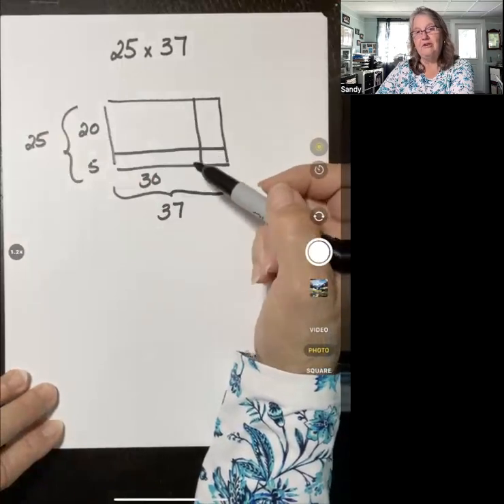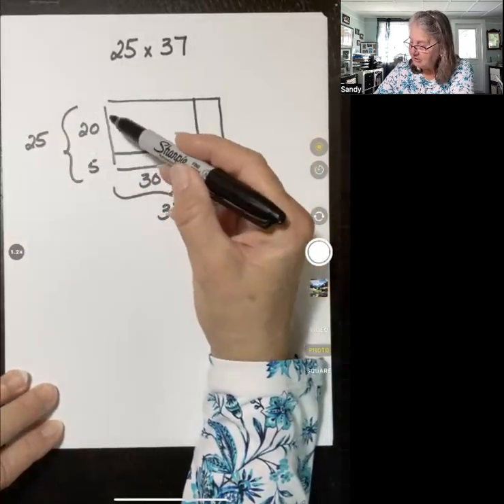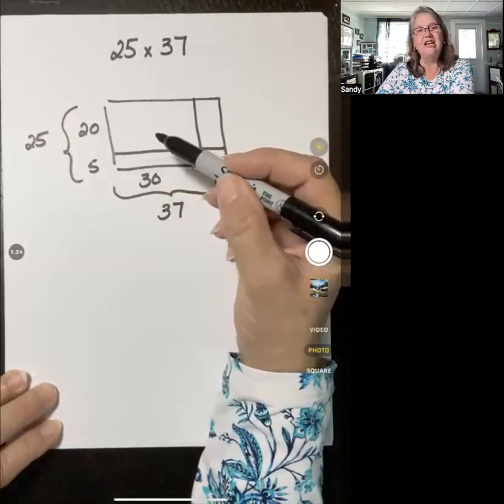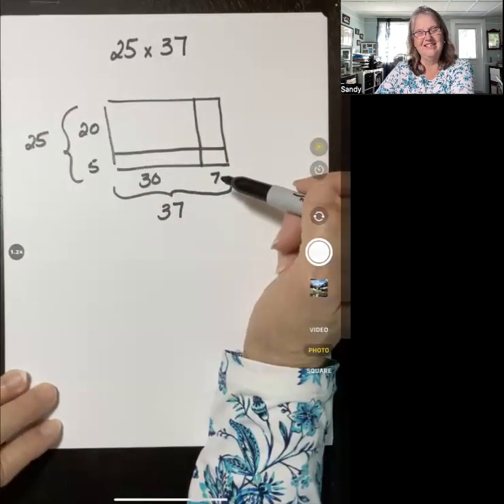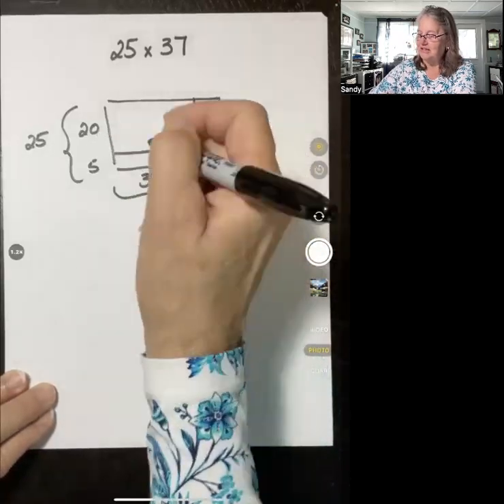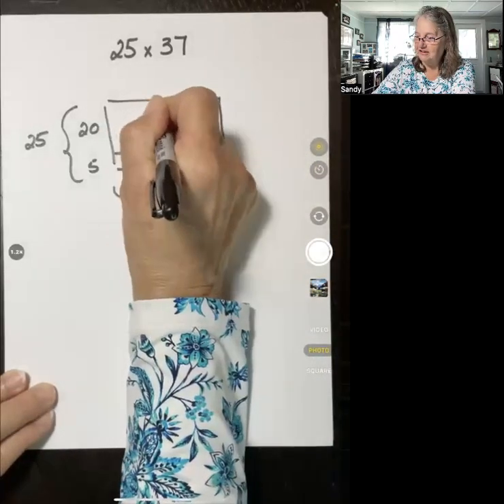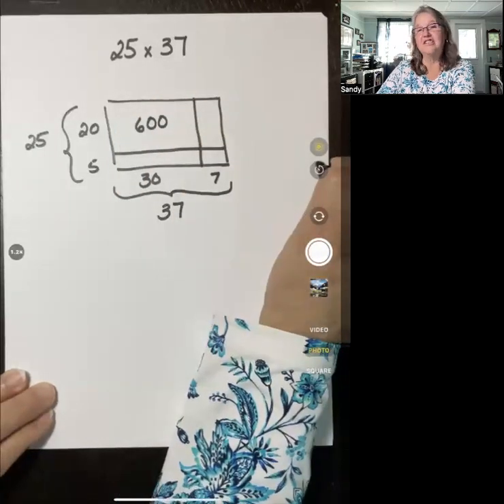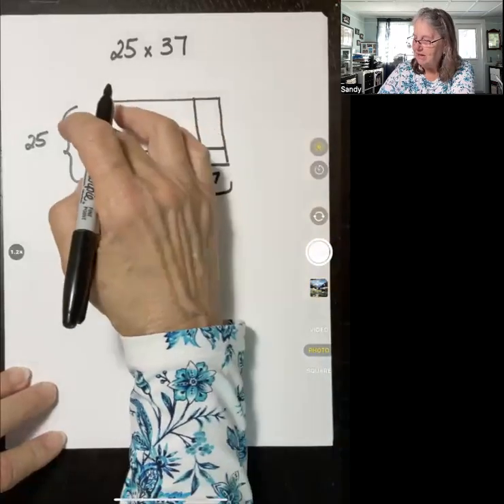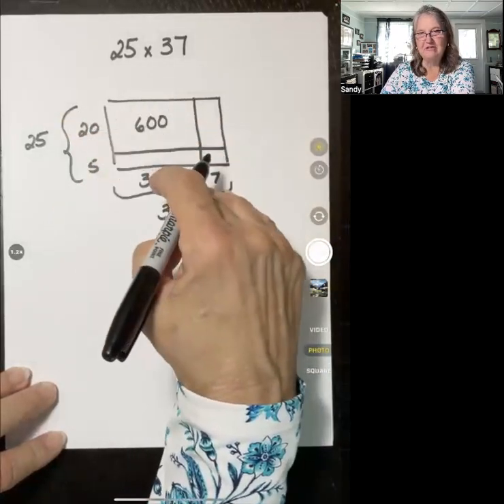Now, this is helpful because this is now a 20 by 30 rectangle. And if I know 2 times 3 is 6, then I can use that fact knowledge to find 20 times 30. So we have 600 here. And we work with patterns. This is not tricks, it's patterns of what happens when you multiply by tens and powers of 10.